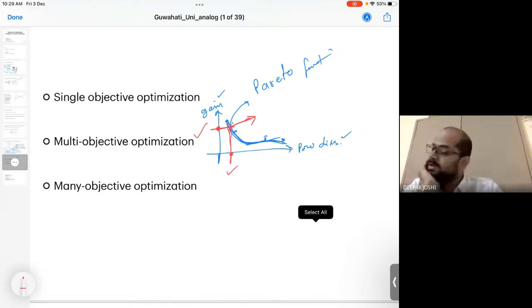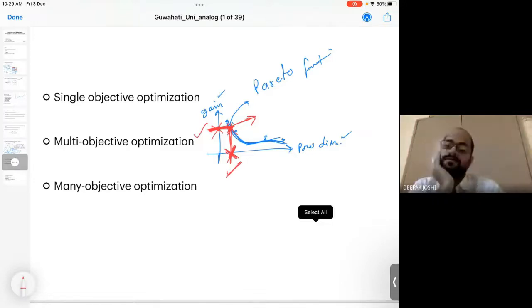Let me repeat it. If we have a certain amount of gain required, and we are trying to maximize the gain with minimum power considerations, we take one point here, that this much should be the power we take into account. Then we take this projection here and the nearest point, and with respect to that we get this particular gain.